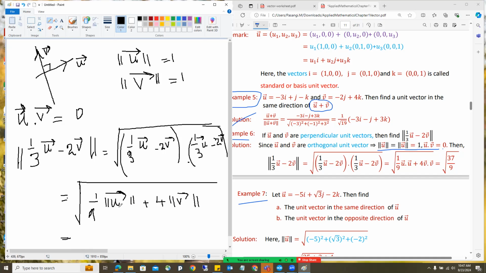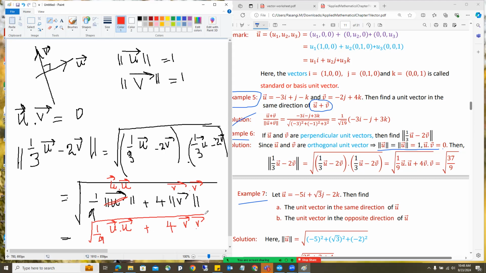Now for this one, we can say that it is vector u dot vector u, and here we have vector v dot vector v. So it's 1 over 9 u dot u plus 4 times v dot v.